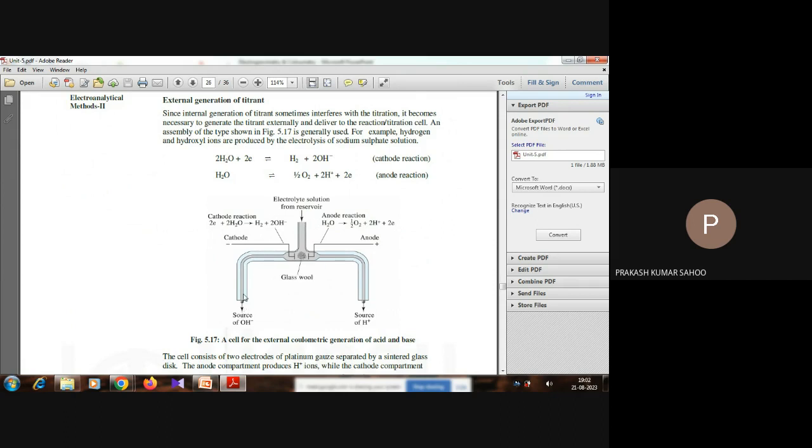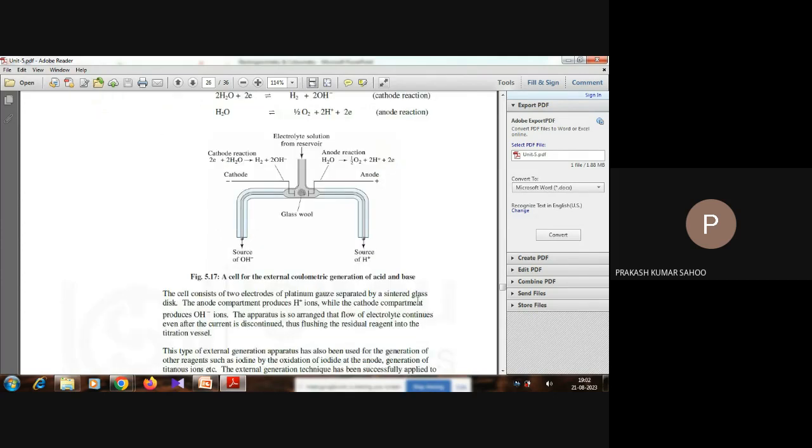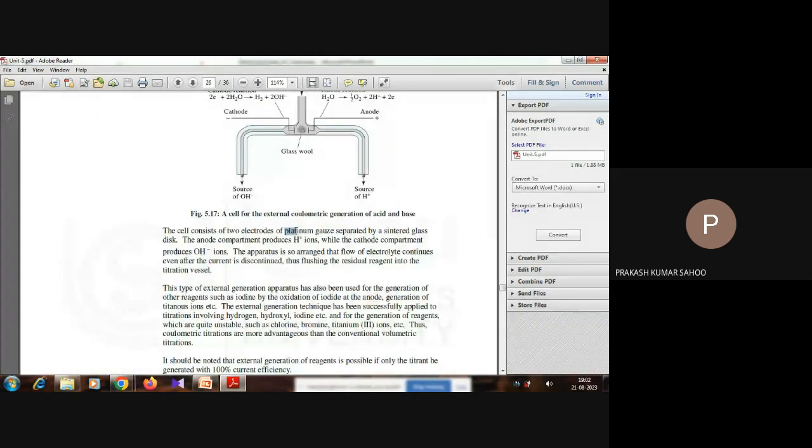This is the source of OH minus, because OH minus is generated here, and here is the source of H plus, which is generated here. They will again combine or react to form water again. So this will be the externally generated titrant. Here also platinum gauze or platinum metal is used for both electrodes, cathode as well as anode.